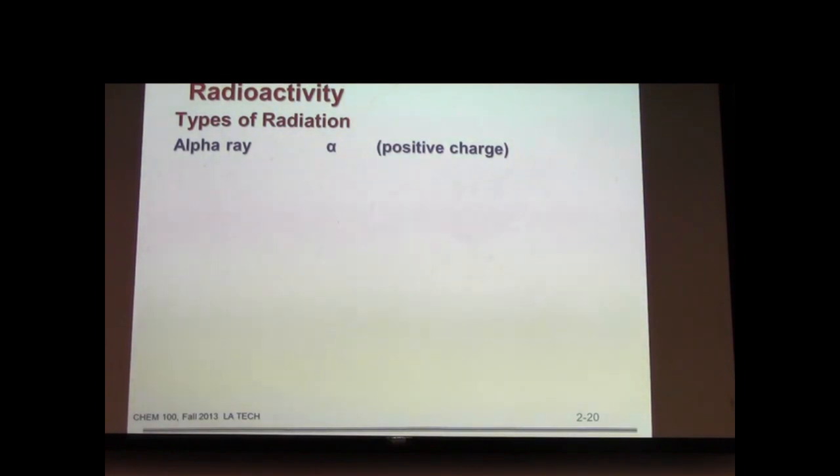Heavier. Now the next way to decay is beta radiation. It's a negative charge. It's an electron coming out of it. Now what happened is when a nucleus, we think neutron is a combination of proton and electron.